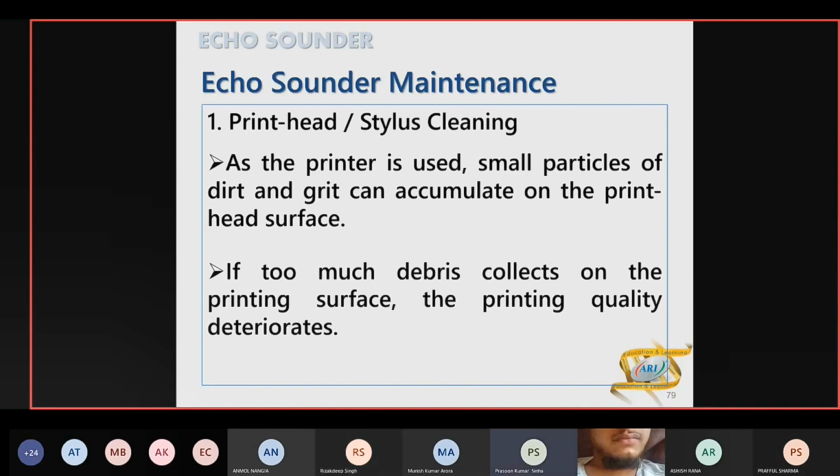As we know that the stylus is printing on the paper with the help of heat transfer. When the stylus is heated, the paper, the carbon on the paper, which is thermally coated, the carbon of the paper keeps on getting deposited onto the stylus.